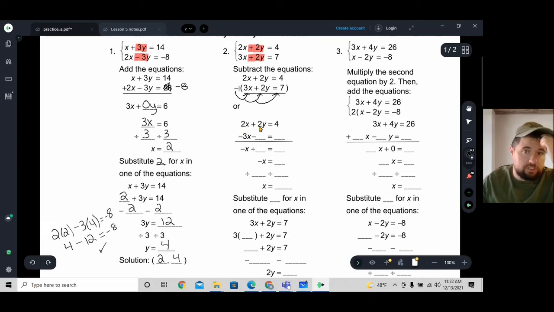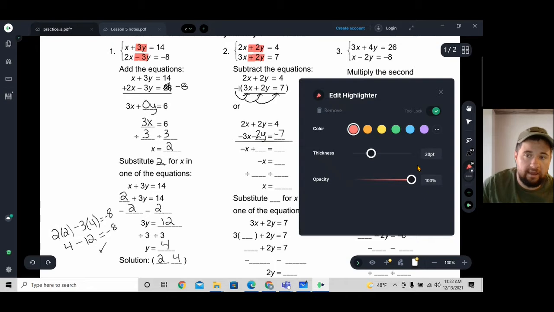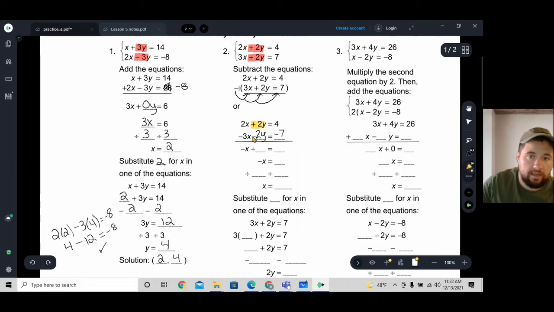So we'll have 2x plus 2y equals 4, and then we'll have negative 3x minus 2y equals negative 7. And if you see, now I have two variables, positive 2y and negative 2y, that are offset from each other.